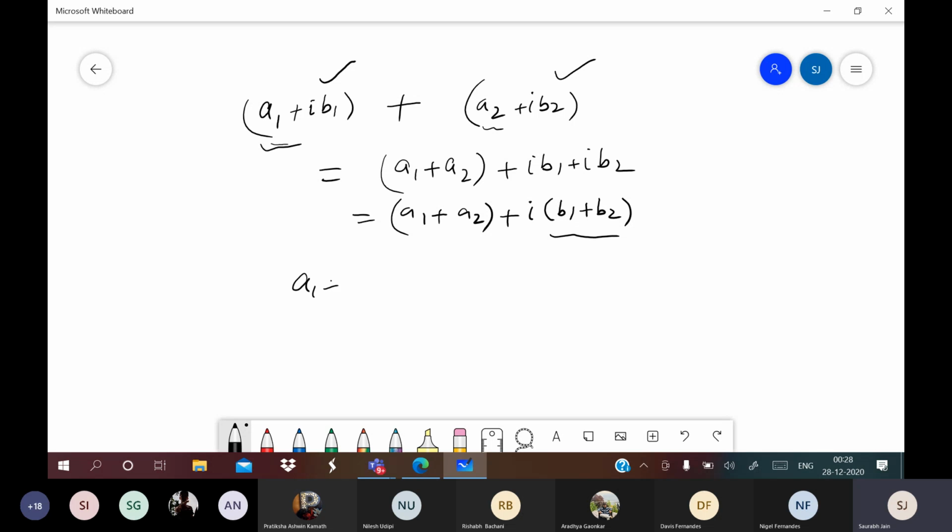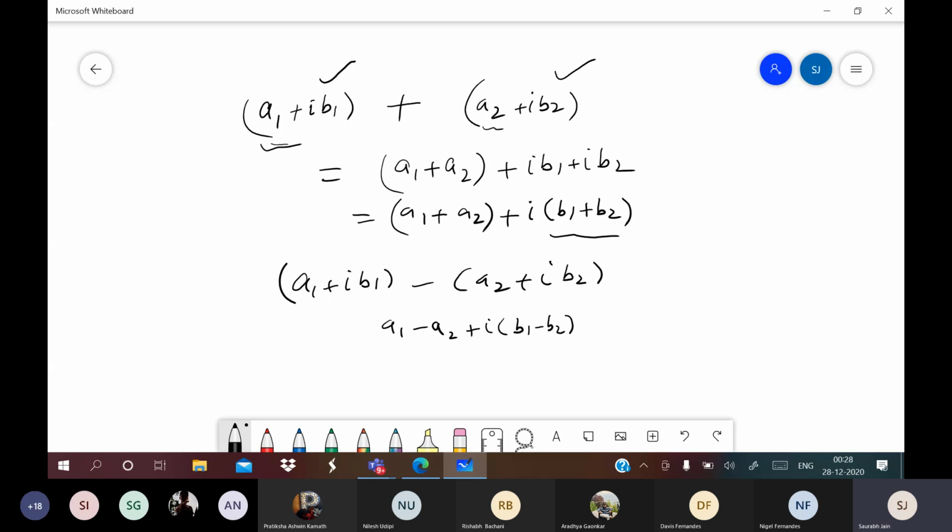Then if you want to subtract two complex numbers, same way you will subtract the corresponding real parts, that means a1 minus a2, and you will subtract the corresponding imaginary parts, so it will be b1 minus b2, right? Addition, subtraction.